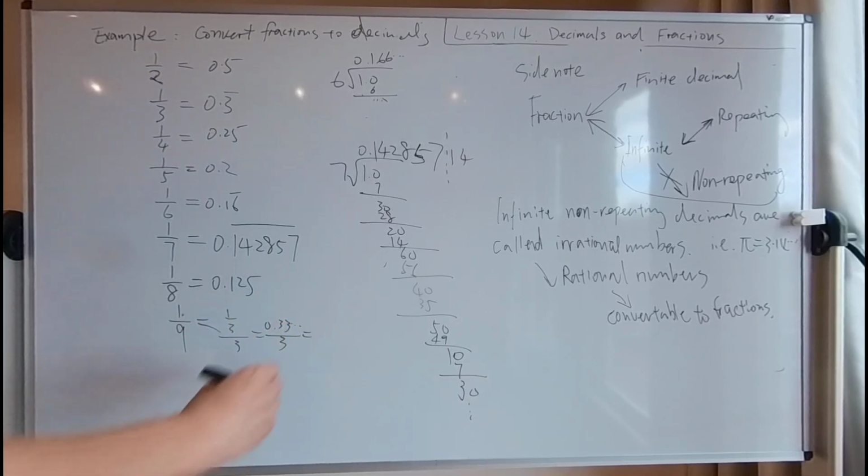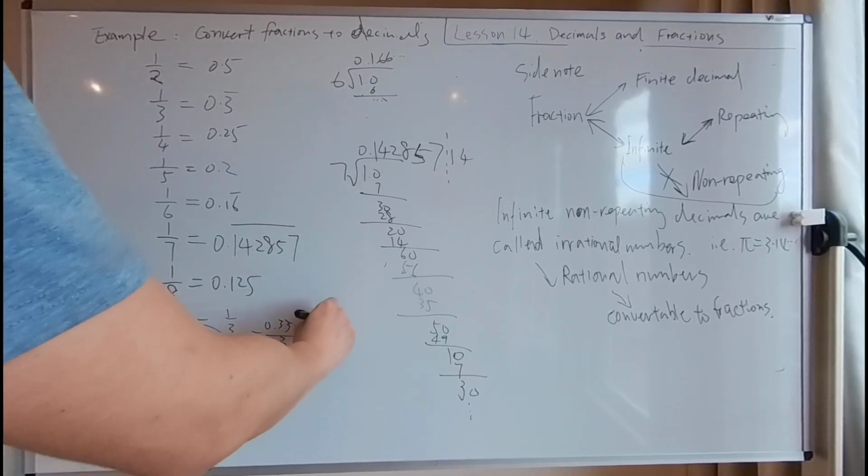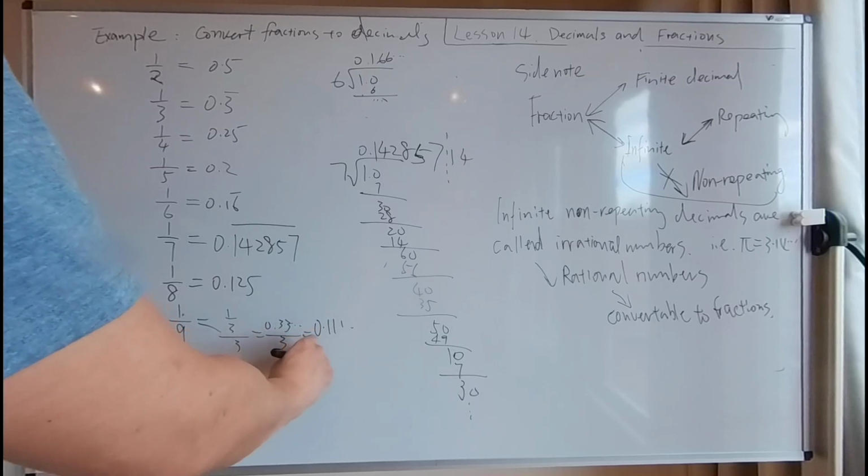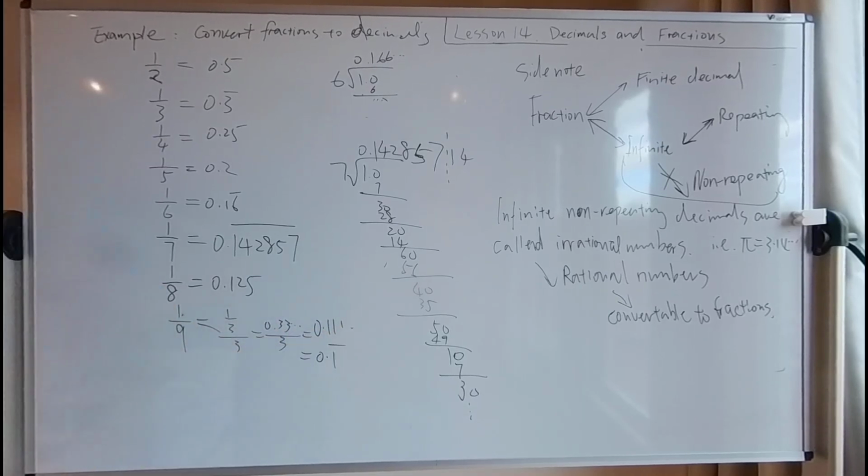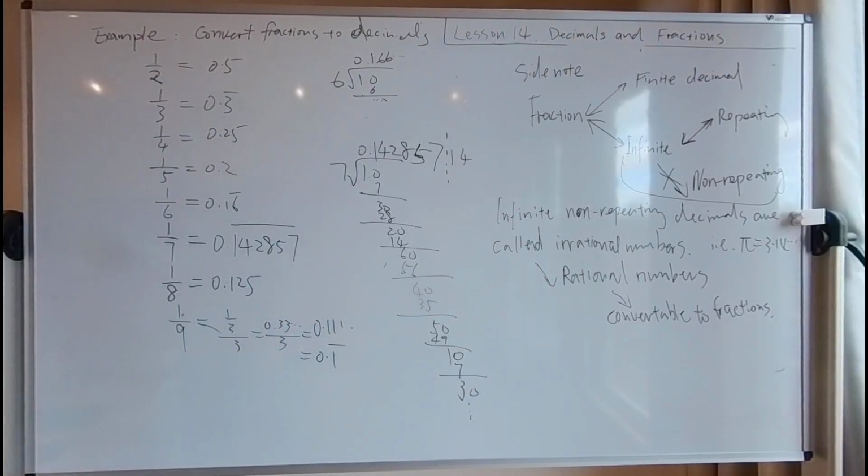Because the 3 is repeating, this is equivalent to 0.1, so it is 0.1 with the 1 repeating. Right, the last one, 1/10, is just 0.1. So here I'm just showing the basic results for the single-digit fractions and how the results look.